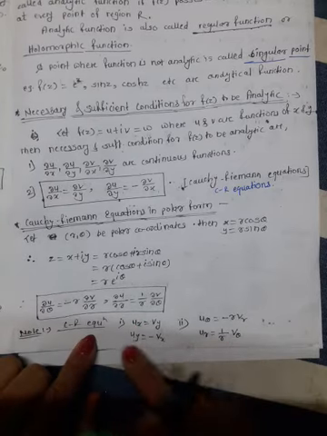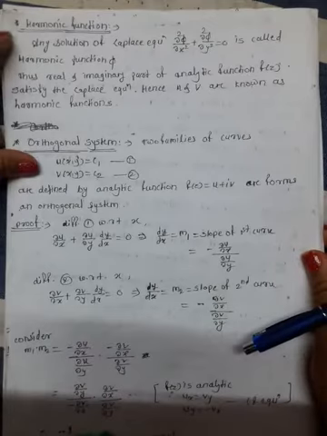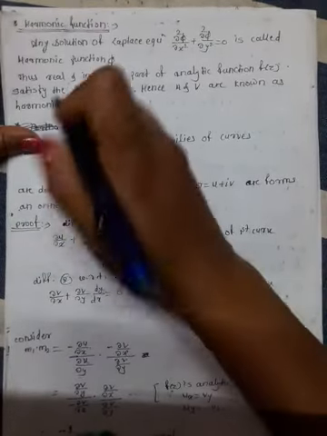Just mug up these four equations. These are called the Cauchy-Riemann equations in polar and Cartesian form.